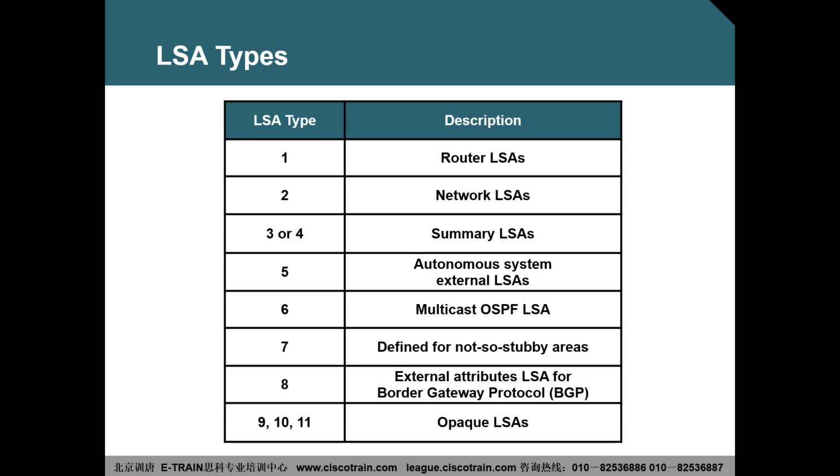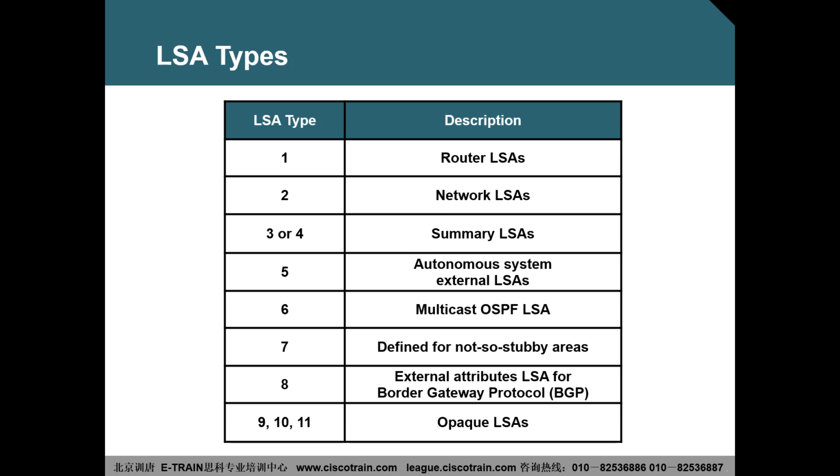Type 1 and type 2 advertisements will only be circulated within the area. Type 1 LSA and type 2 LSA will not be sent to other areas. Then how can the other areas learn the networks of this area? It is only through type 3.